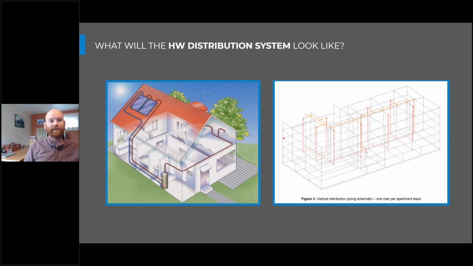When we start to stack multiple single family homes on top of each other, like we do in a multifamily building, so these gray boxes each represent a multifamily unit, we start to increase that distribution system.